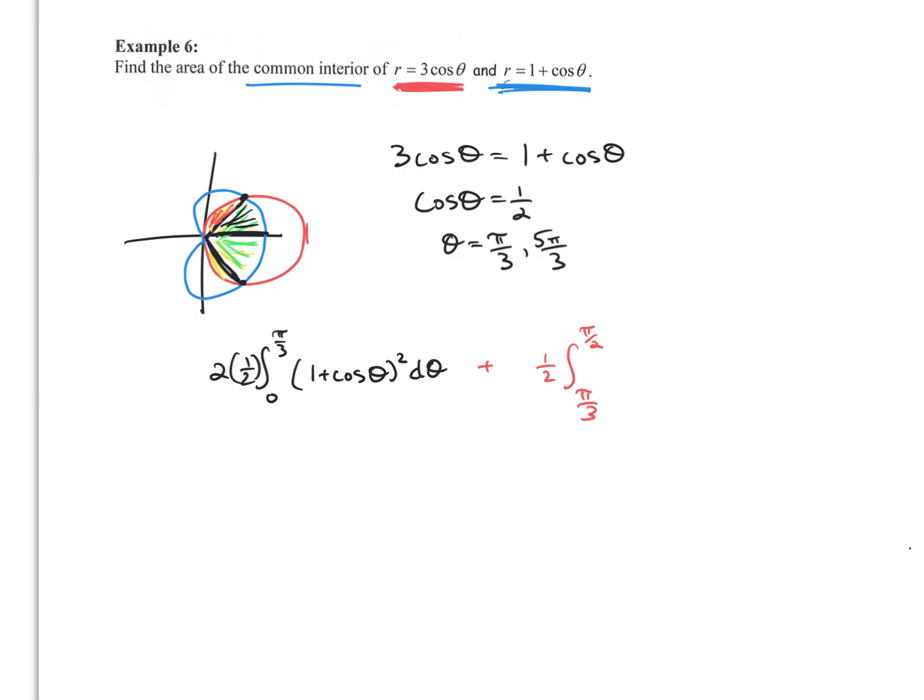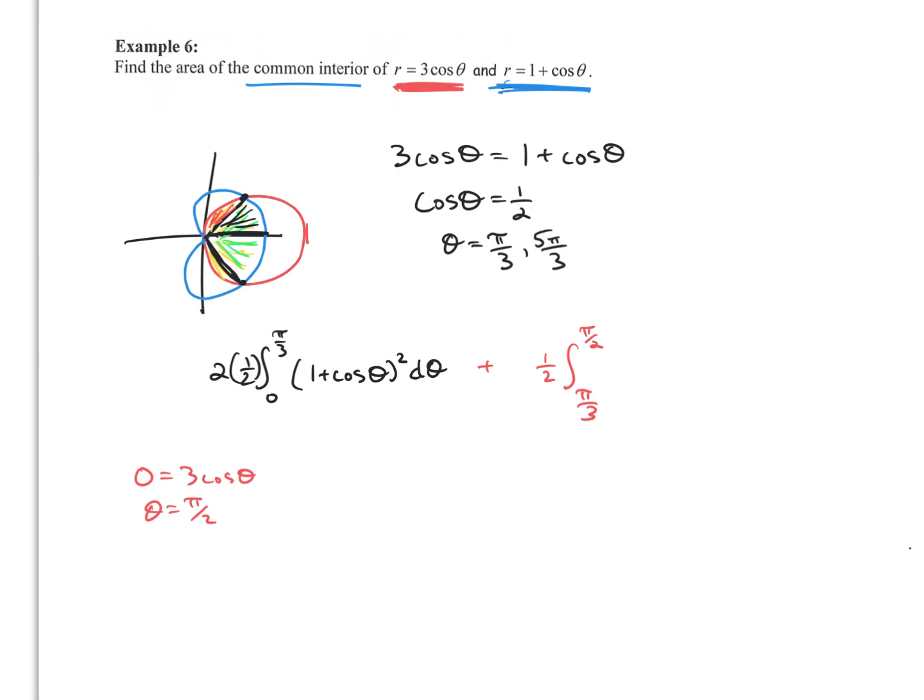So how do you get to the pole? You said it equals 0. So basically, I'm trying to figure out when my circle is equal to 0. So when does cosine equal 0? At pi over 2. And so that's why it goes back. So it goes from pi over 3 and it's going back to the pole at pi over 2. Okay, that's the way I would think about it.